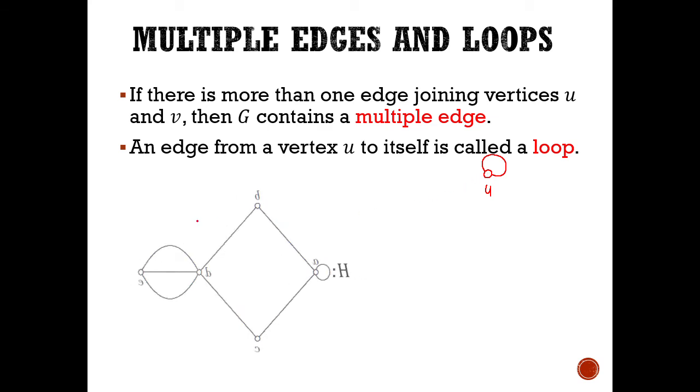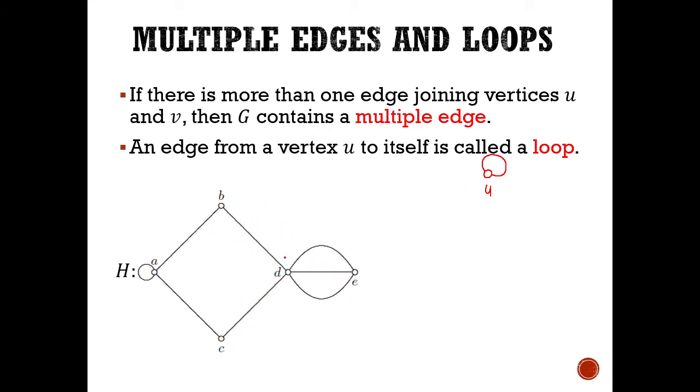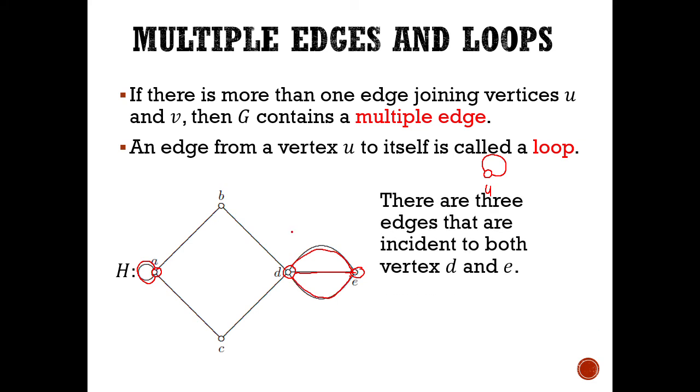So let's take a look at this example. Notice that vertices D and E are joined by 3 edges. So this is an example of a multiple edge. On the other hand, vertex A has a loop. So this defines multiple edges and loops.